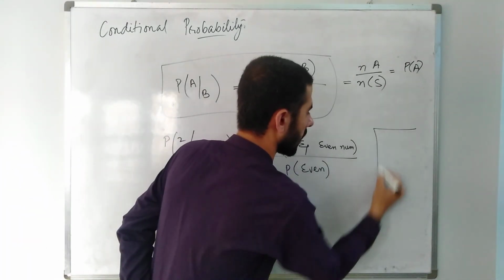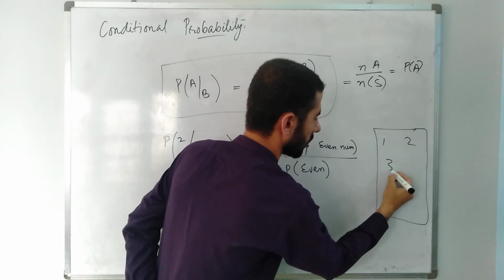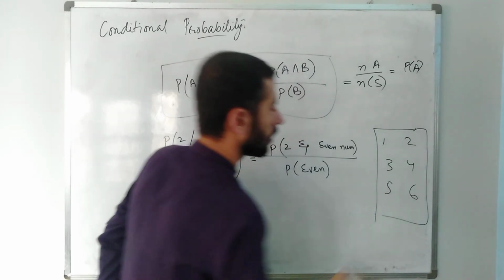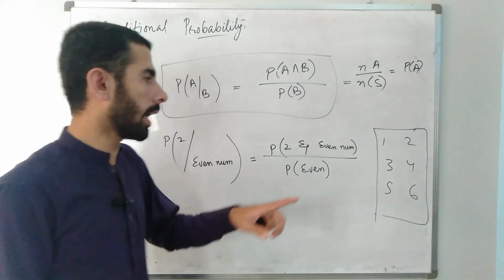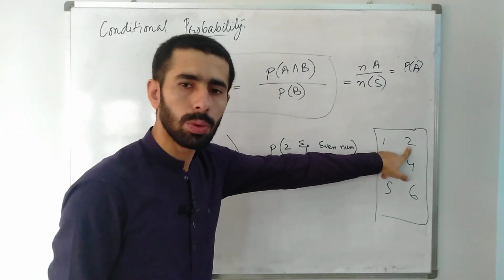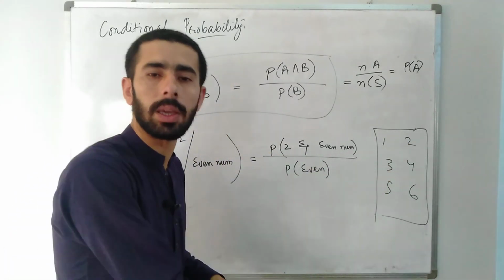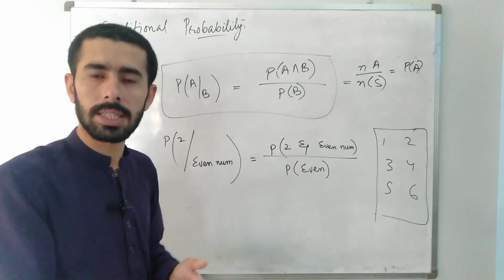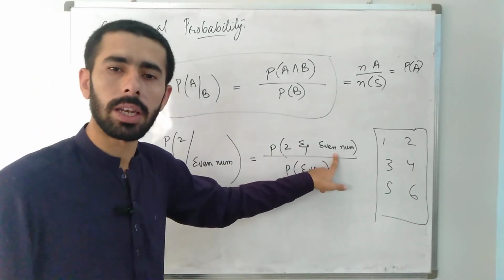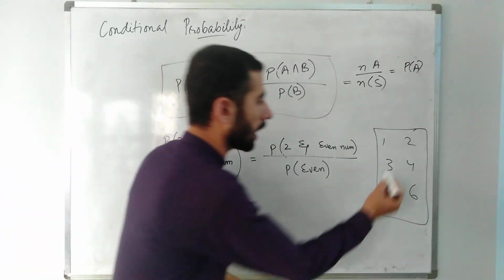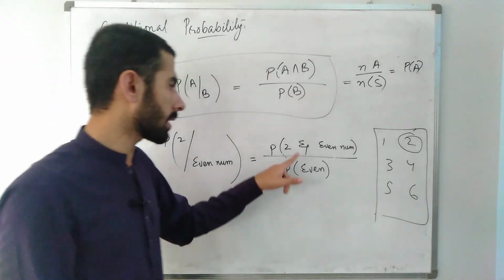So once we have the sample space, we see how many chances we have to get a 2, and that 2 must be an even as well, like how many chances are there that the output is 2 as well as an even number at the same time. There is only one possibility out of 6 which satisfies this condition.